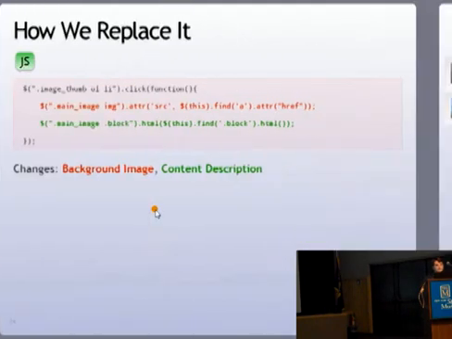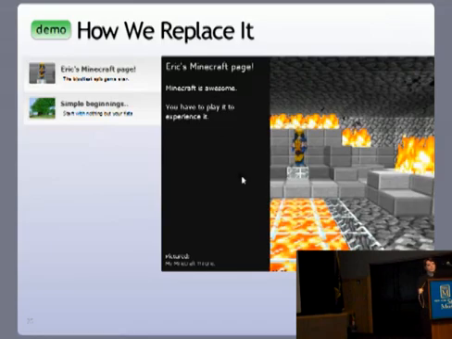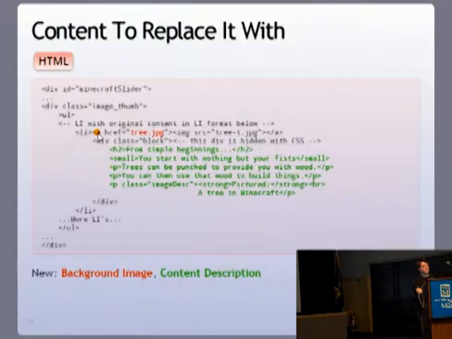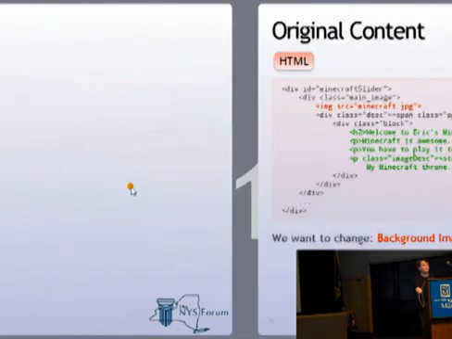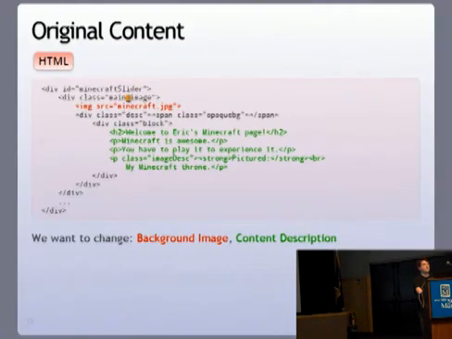Let me show you what it looks like. This is the main image, okay? And these little side things here are our image thumb LIs. That's what I'm referring to when I say main image and image thumbs.